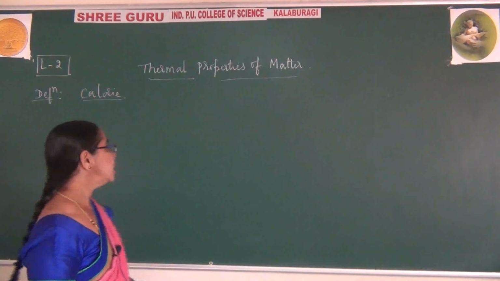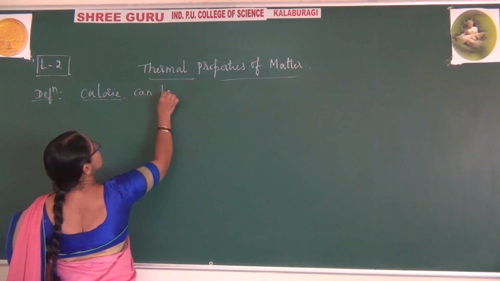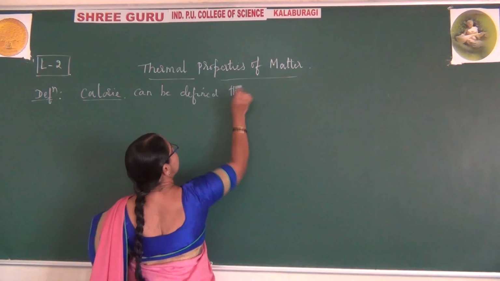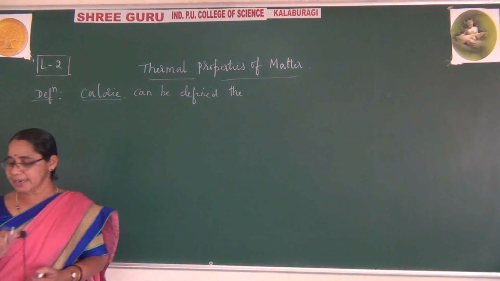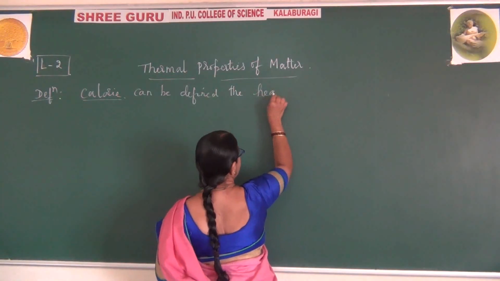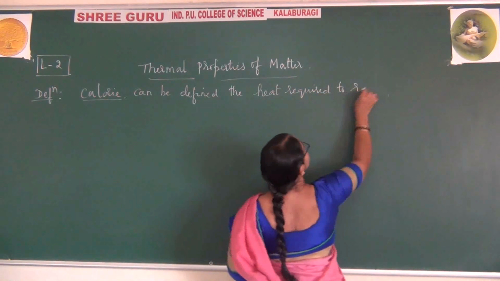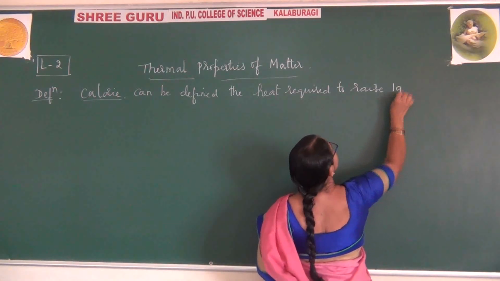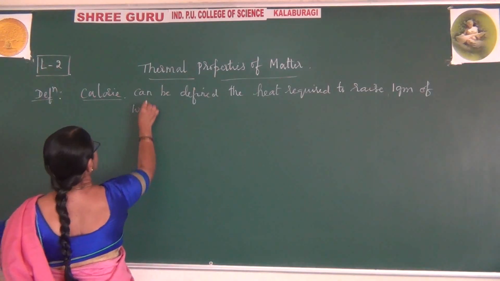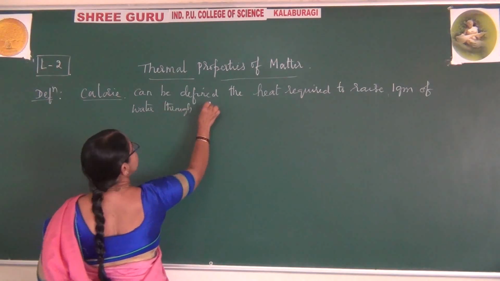So let me just write this. Calorie can be defined as the heat energy, that is nothing but the heat required to raise 1 gram of water through 1 degree centigrade.